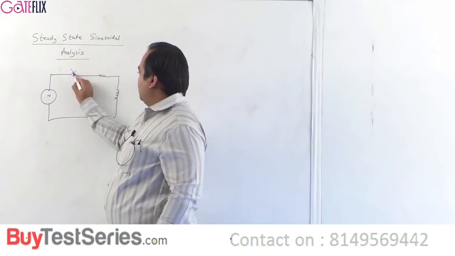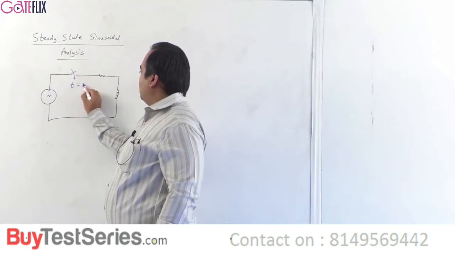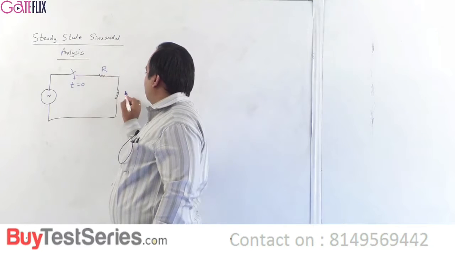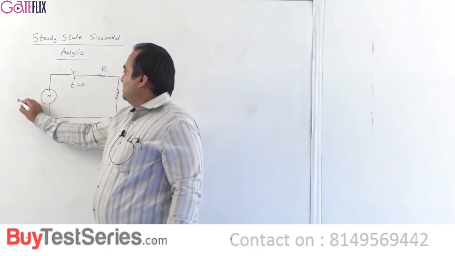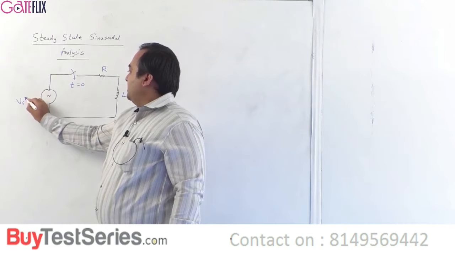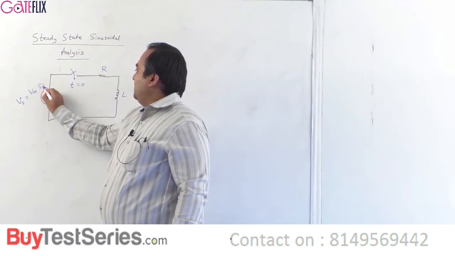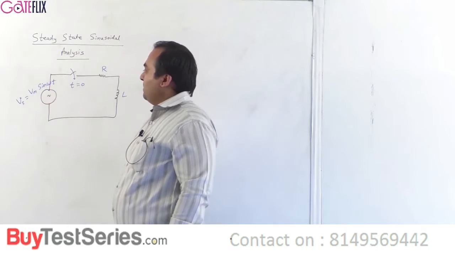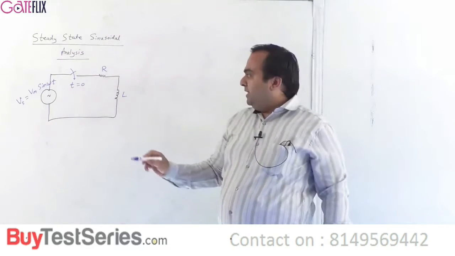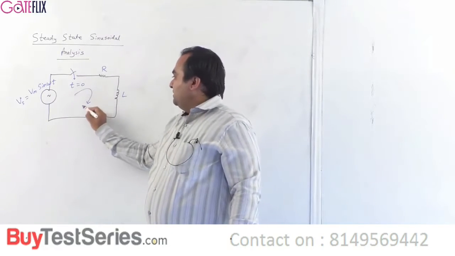So this is Vs equal to Vm sine omega t. Alright, and this is some current I.